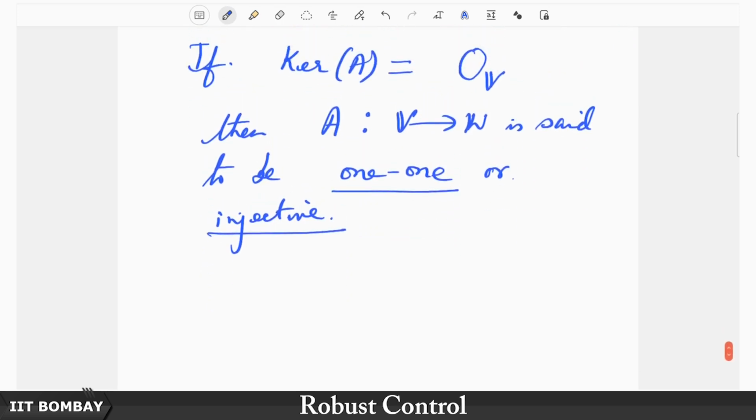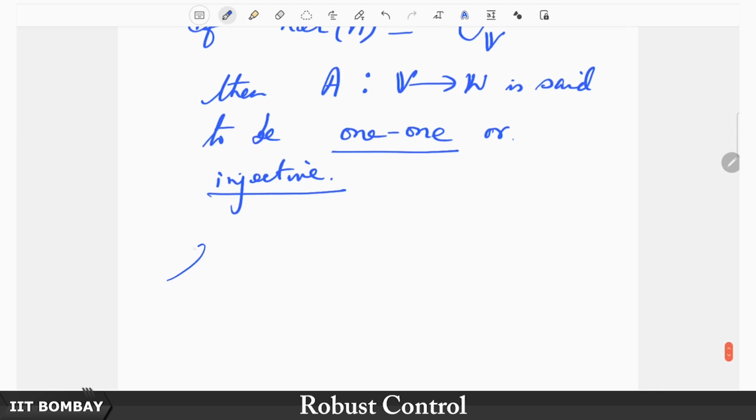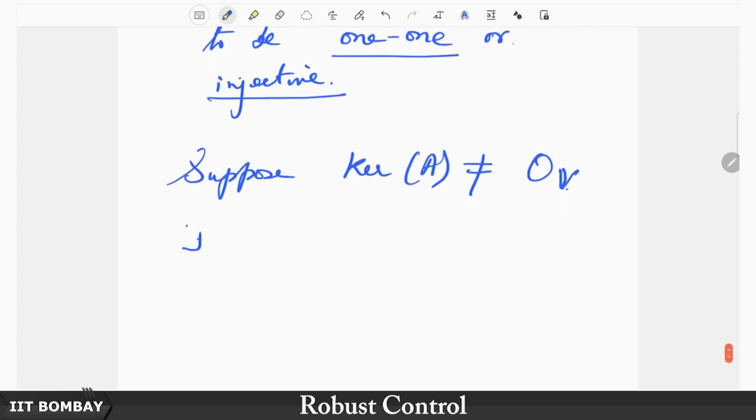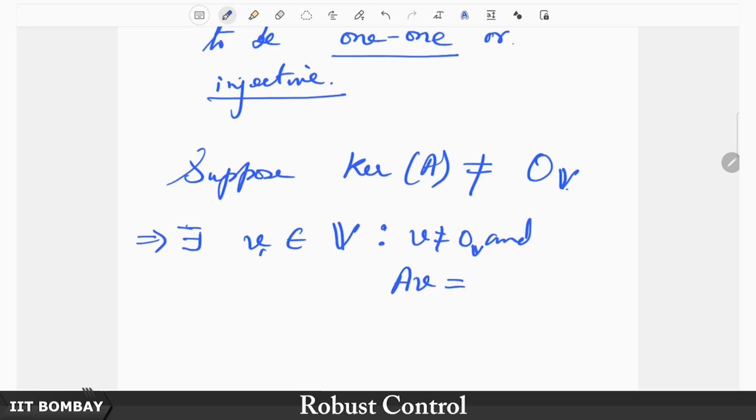So suppose this is not true. Suppose the kernel of A is not equal to the 0 element. So that means it contains some non-zero element. That means there exists V belonging to V such that V is not equal to 0, and AV equals 0, so let us call this V naught.